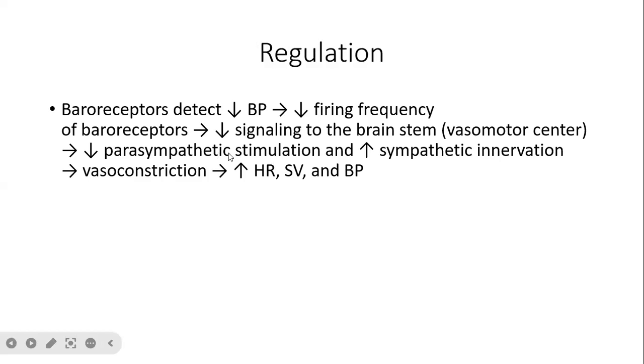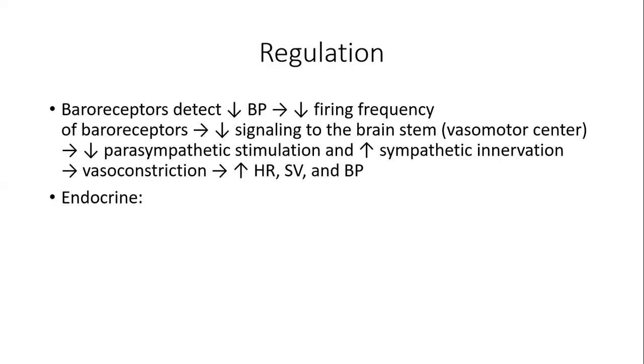That will decrease the parasympathetic stimulation and increase the sympathetic innervation. Increased sympathetic innervation will cause vasoconstriction, and the sympathetic innervation directly to the heart will increase the heart rate and contractility, leading to increased stroke volume, and ultimately, all these variables will increase the blood pressure.